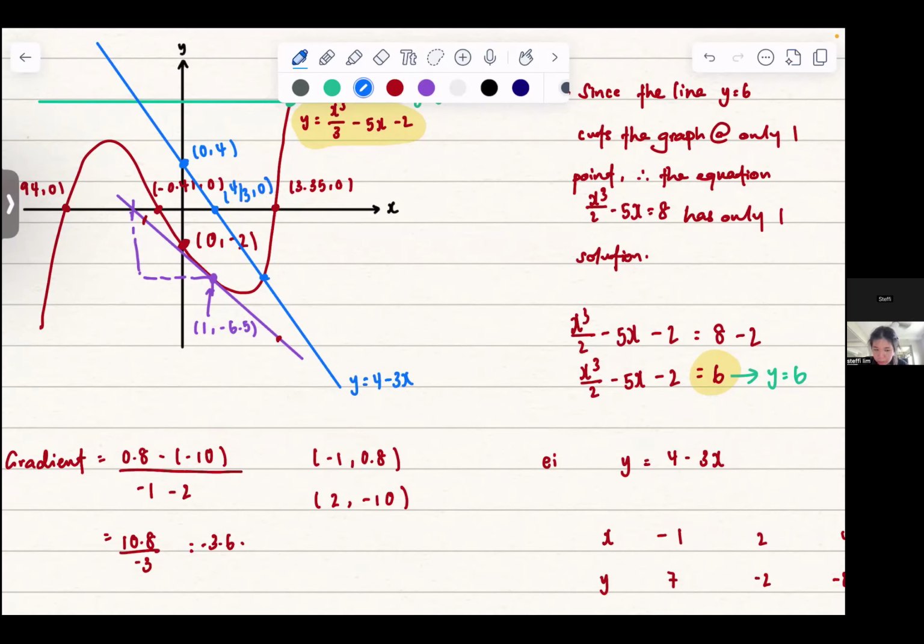This is 2, 0.85-ish. And -4.59. Around there. Okay. Very good.